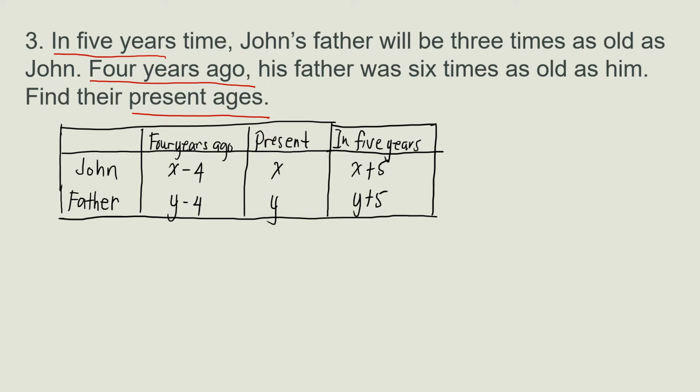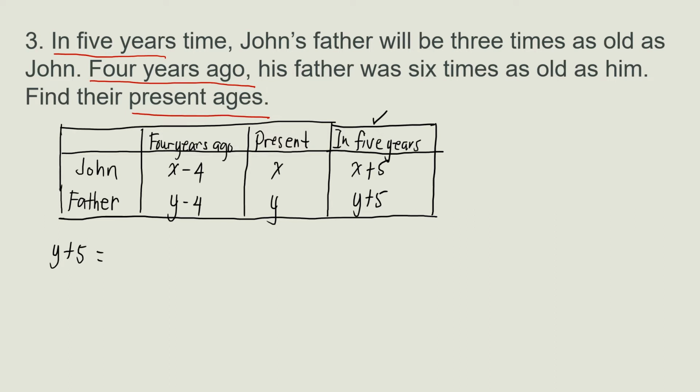Let's write equations. Let's have the first sentence: in 5 years' time, so we are talking about this part. John's father will be 3 times as old as John. The age of John's father in 5 years is y plus 5.